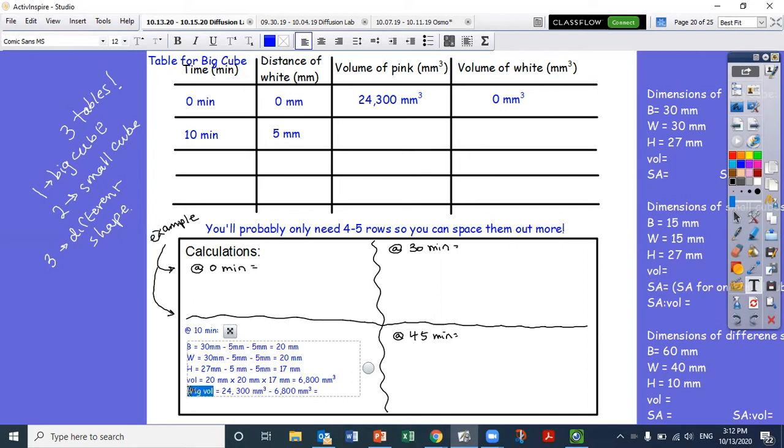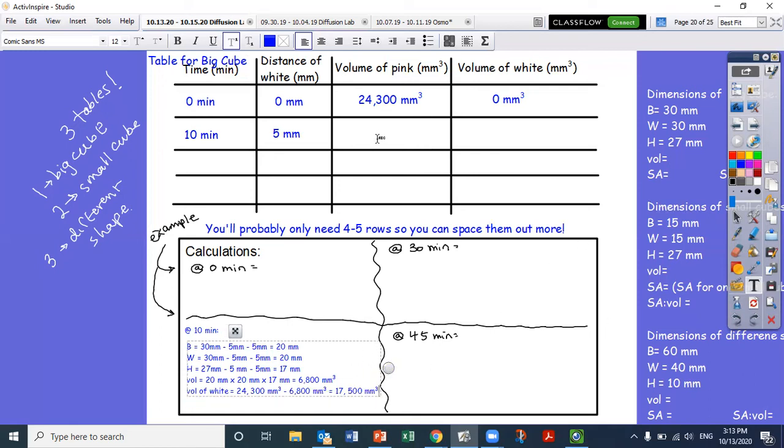So we're going to want to calculate volume of white. And so we're going to take our original volume, our big pink cube volume, because that's actually the white border now, right? And we're going to subtract the pink that's left inside. So 24,300 minus 6,800. And that's going to equal the volume of white being 17,500 millimeters cubed.